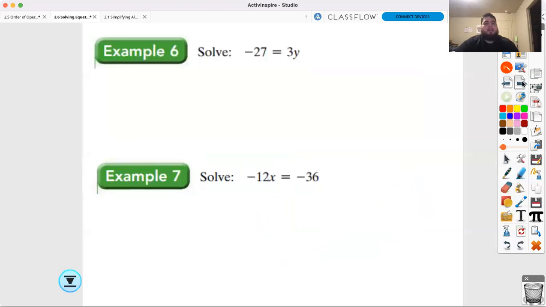Okay, let's take a look at these examples here. I'm going to go ahead and give you 1 minute to copy these down, and then I'll go ahead and begin working these out.